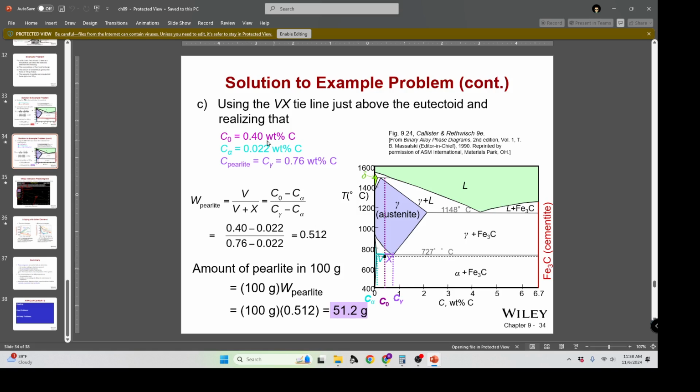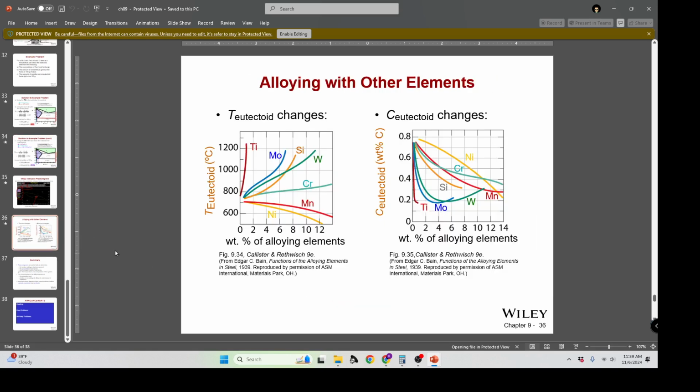So we're in the same weight fraction for the original composition, but the new weight fraction drawn down from this point is at the eutectoid concentration of 0.76 weight percent carbon, just above that position. So the perlite that forms is consistent with this 0.512. So multiplied into 100 grams, that's 51.2 grams.